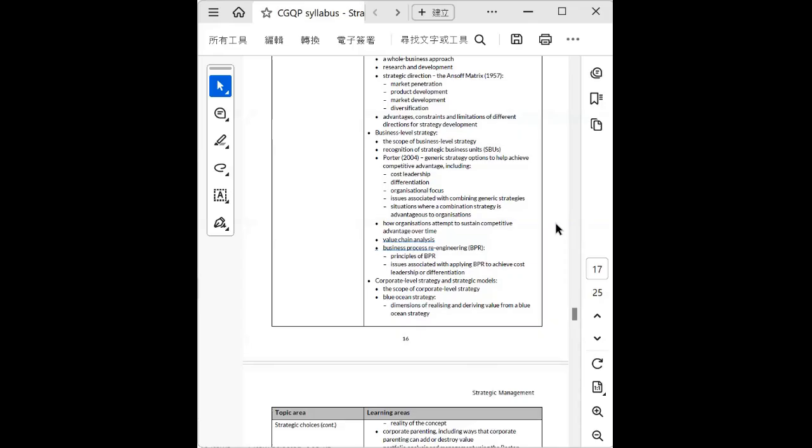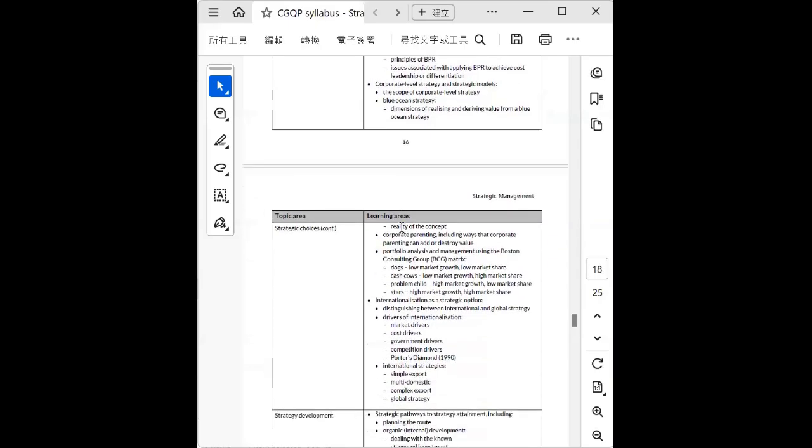So maybe because of the change in the BPR, there's a resistance from the employees for fear of job loss, and therefore you need to have a more effective change management.